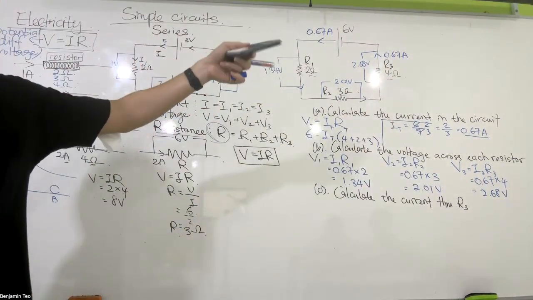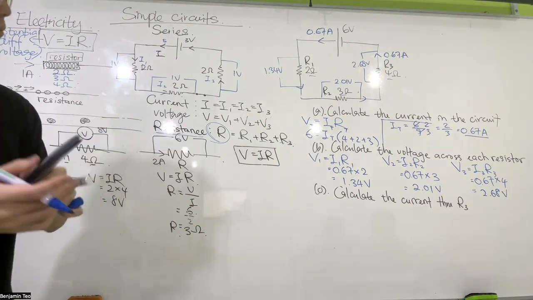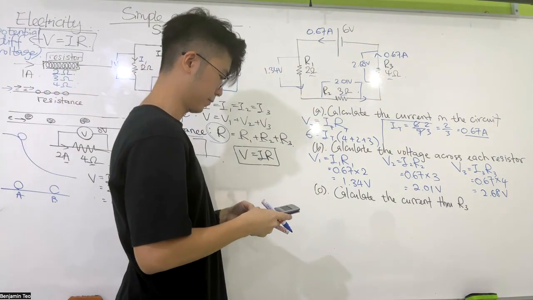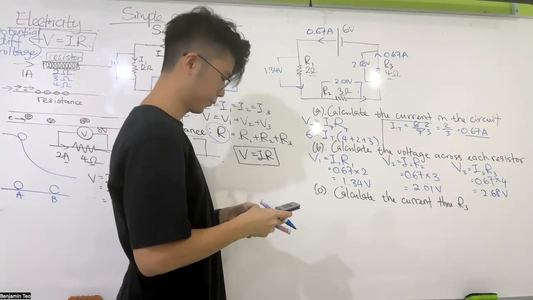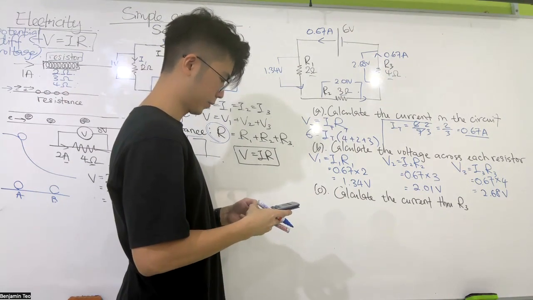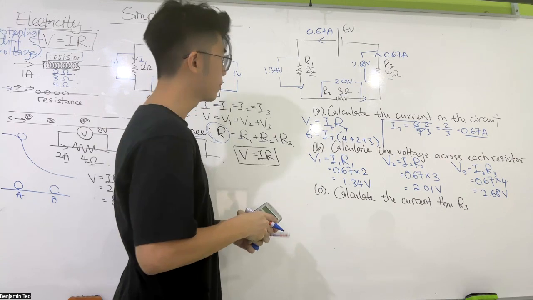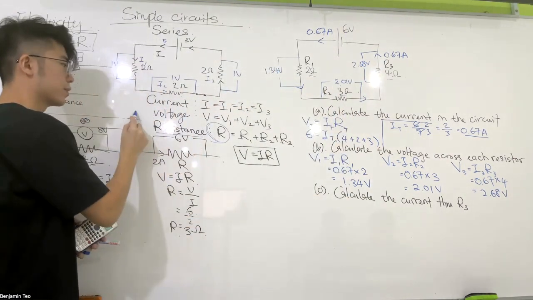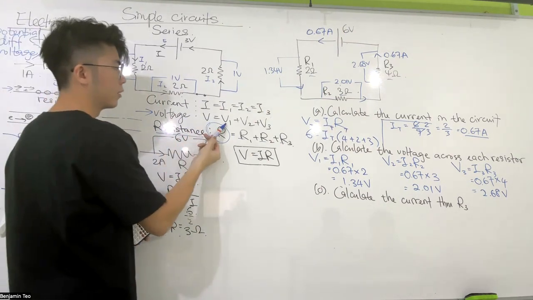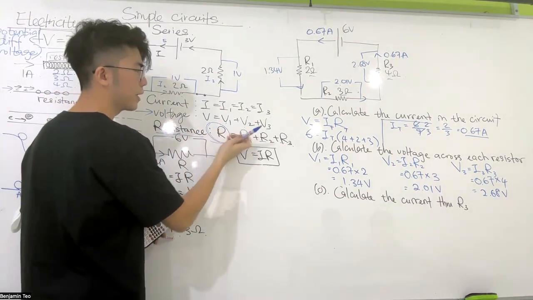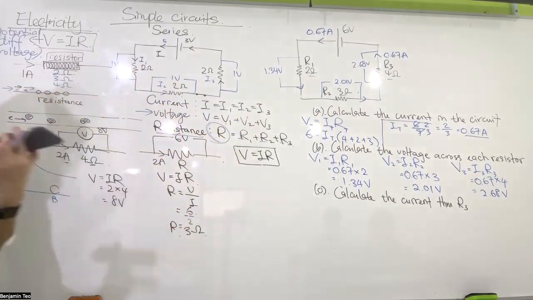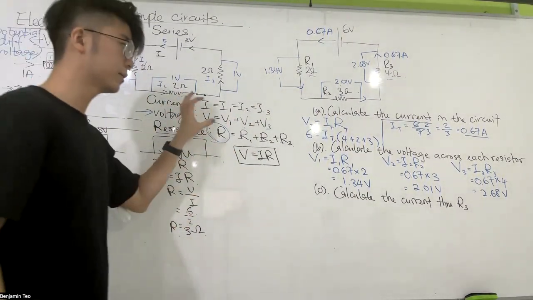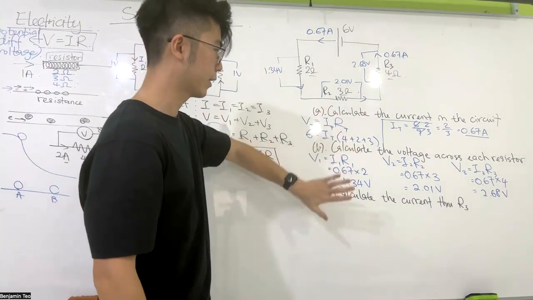Notice that all the voltages, when you add them up, we should get 6. You get 6 because of the voltage law: individual voltages add up to become the total voltage. So this is an example of using the laws to calculate.